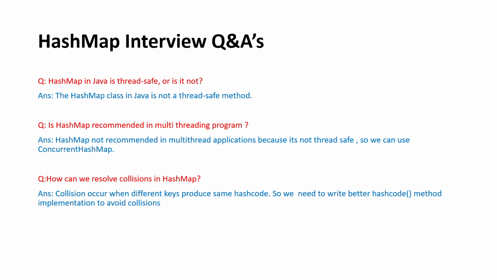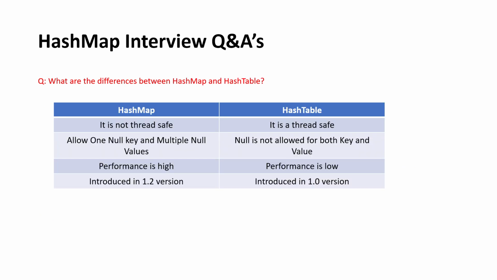Moving further, what are the differences between HashMap and Hashtable? One of the famous interview questions. Hashtable we can say is a legacy one. HashMap is not a legacy one. Also, HashMap is not thread safe, so its methods are not synchronized. Hashtable is thread safe, so every method is synchronized.